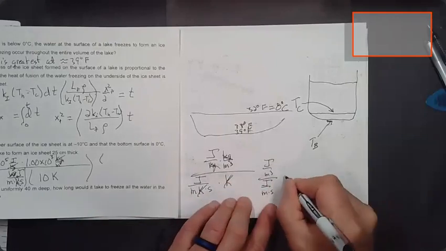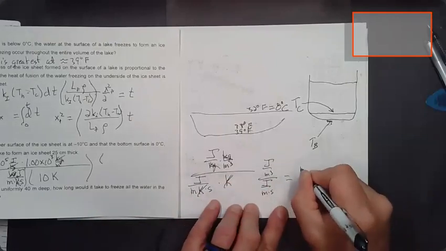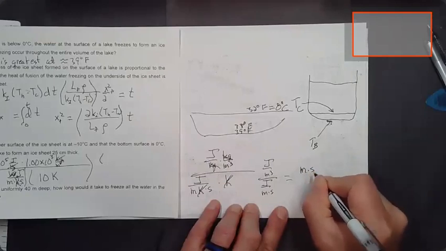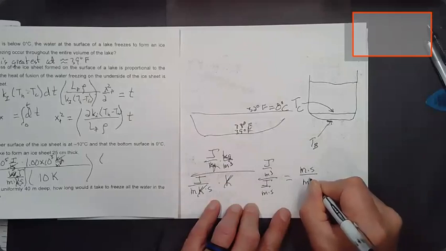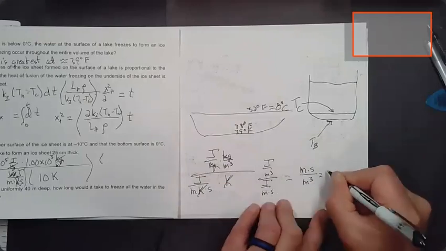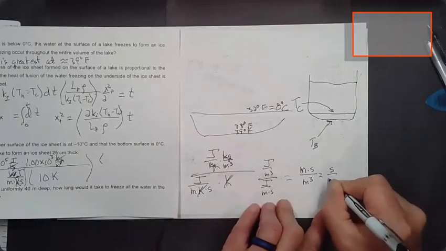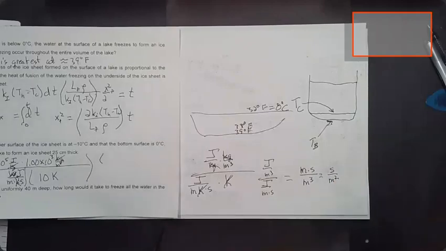When I invert and multiply, I'll end up with meters, seconds, the joules will go away, over meters cubed, which is seconds per meter squared.